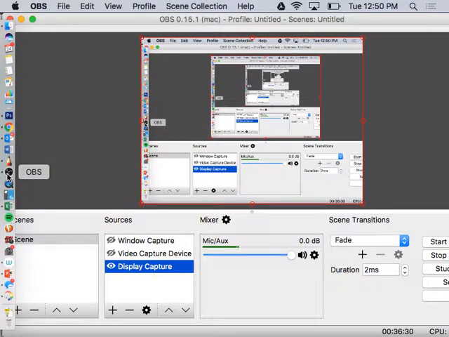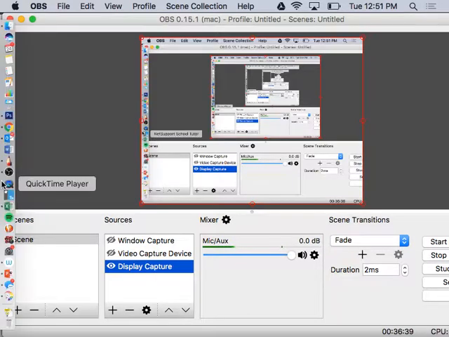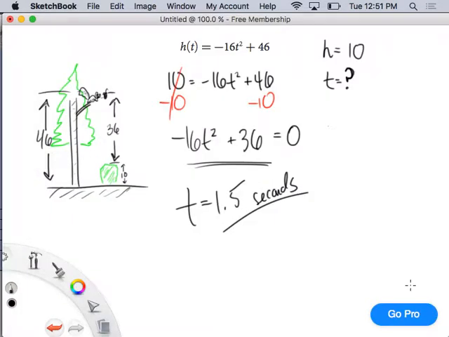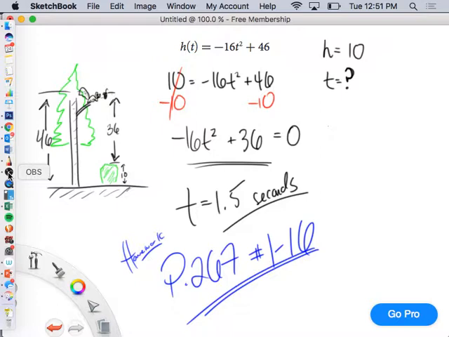Any questions? Yeah. Wait, so it's 1 through 16? 1 through 16. Your homework, page 267, numbers 1 through 16. All right, any questions? It's up on my system.